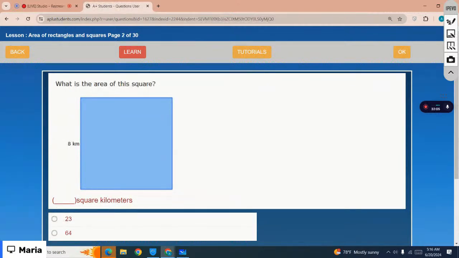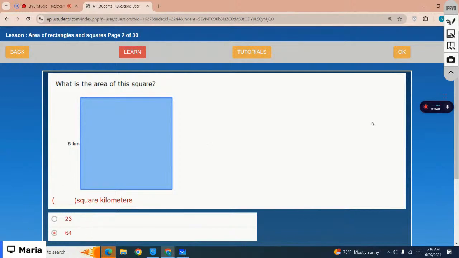What is the area of the square? Which is the correct option? Yes, that is 8 times 8 is 64.